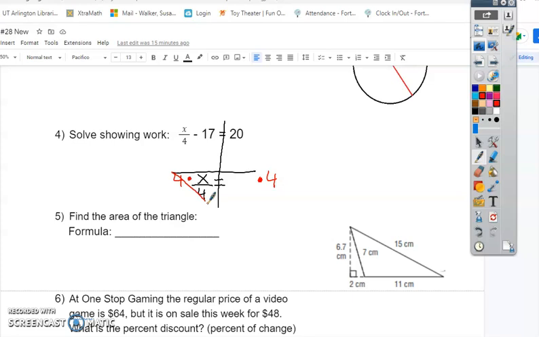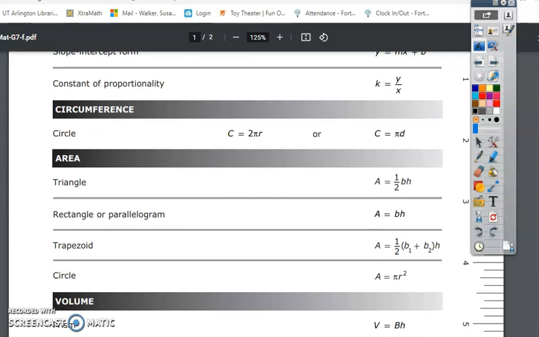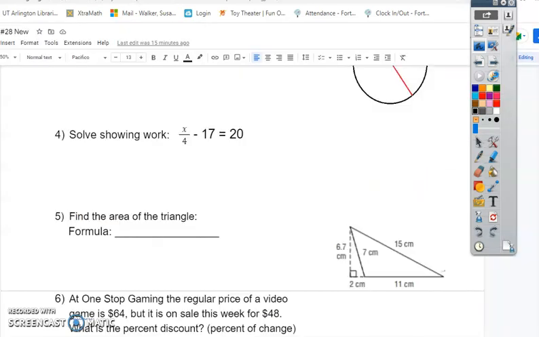Number 5, this past week we had a triangle on our practice sheet and we were struggling with it. A equals half BH. And this one might confuse you because there's all sorts of numbers here. But remember, we need wherever you see the right angle, okay?